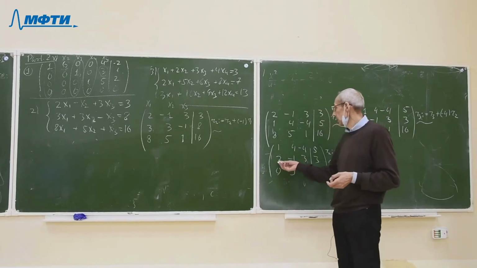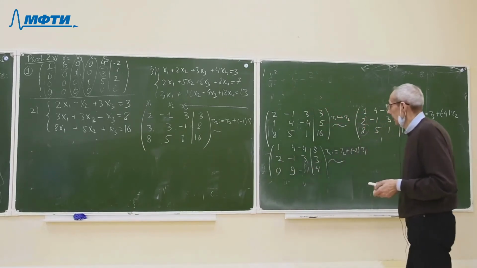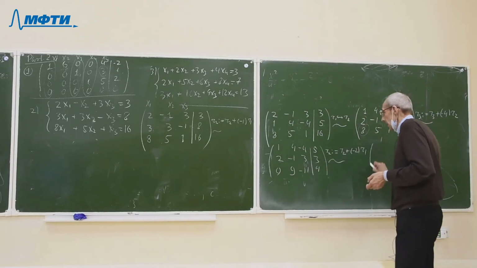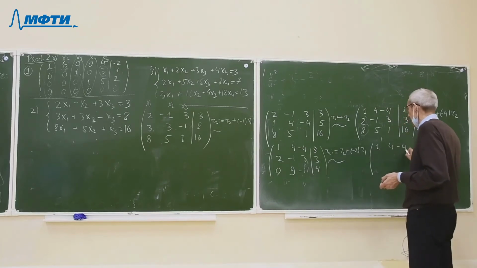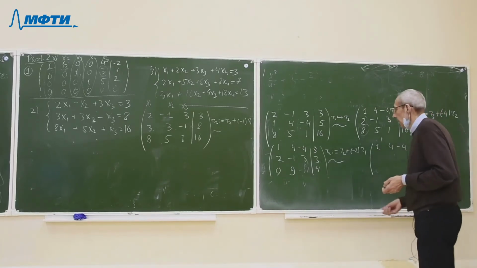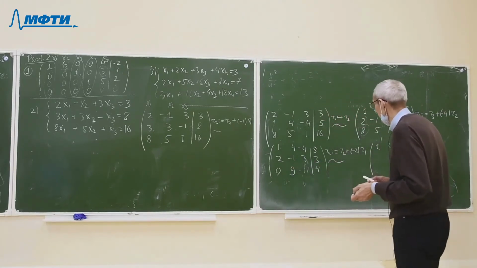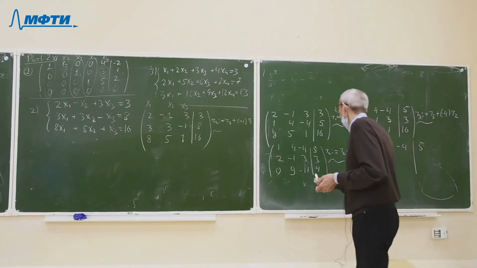We want to obtain this element equal to 0. One times minus 2 is equal to minus 2 plus 2 is equal to 0.